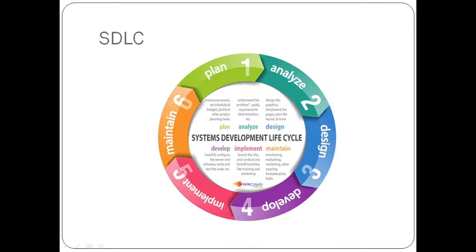Just see this diagram. What are the phases it has? It has 6 phases: plan, analyze, design, develop, implement, and maintenance. What do you mean by plan? First, we have to choose what we are going to do. That means first we have to assign a team, consisting of personnel, and set schedule and budget.